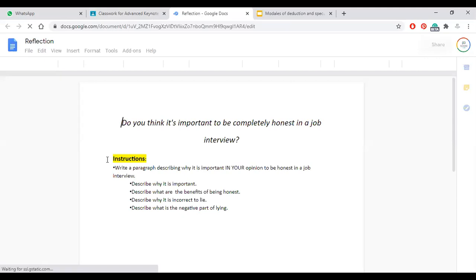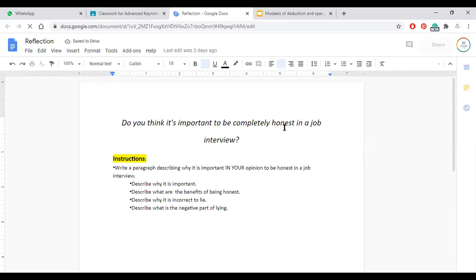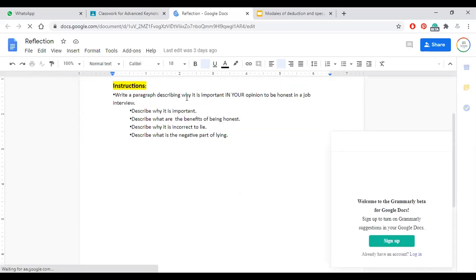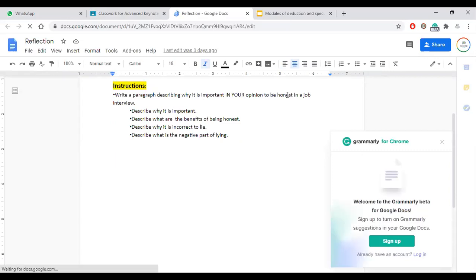For example, the question is, do you think it's important to be completely honest in a job interview? So write a paragraph describing why it is important, in your opinion, to be honest in a job interview. Describe why it is important, what the benefits of being honest are, why it is incorrect to lie, and what the negative part of lying is.